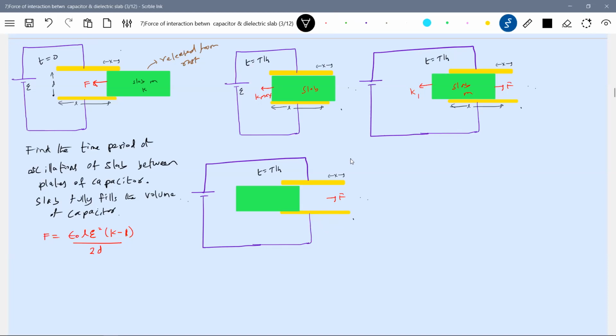This will become some intermediate time, which I'll put as T/2. What length of the slab will be between the plates? Means the same x length. Agreed, instantaneous rest. Then again this force will act and pull it back, and again we'll get back the situation.